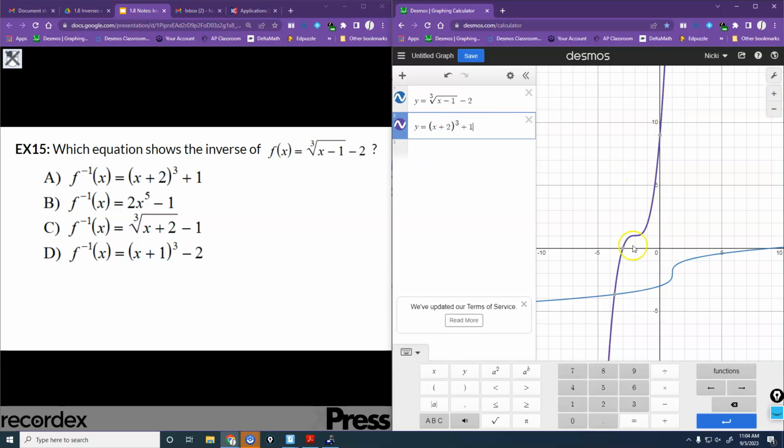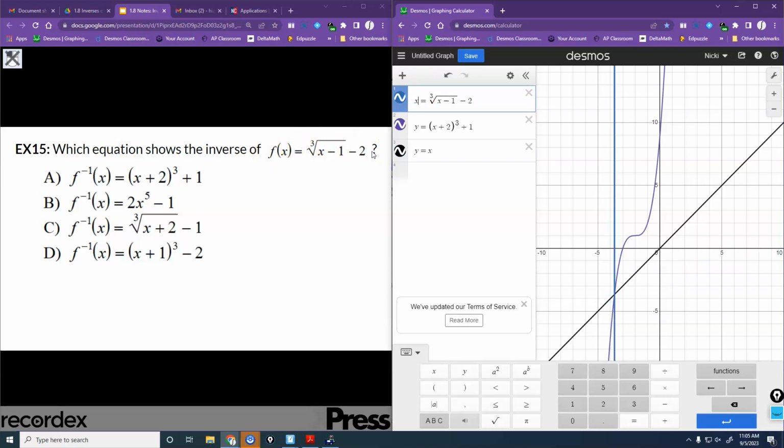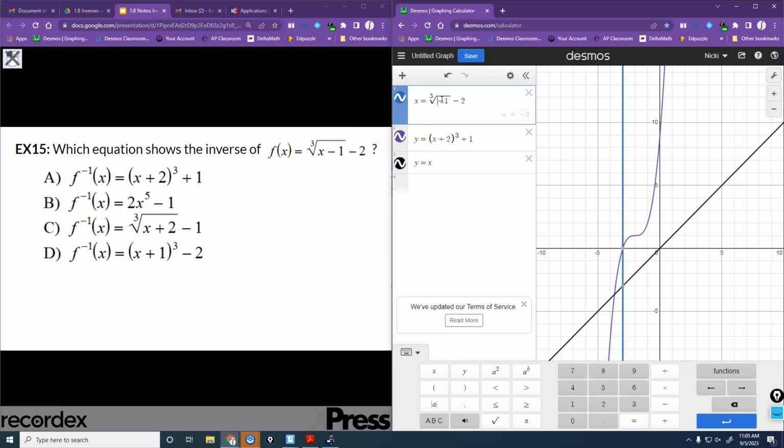Now, I can still tell these are inverses, because if I type in y equals x, I can tell they're symmetric, right? But if you want the really easy way, go up here in that original, Carlos, instead of typing it in exactly as it is, turn that y to an x and the x to a y, and then these two will be exactly the same.